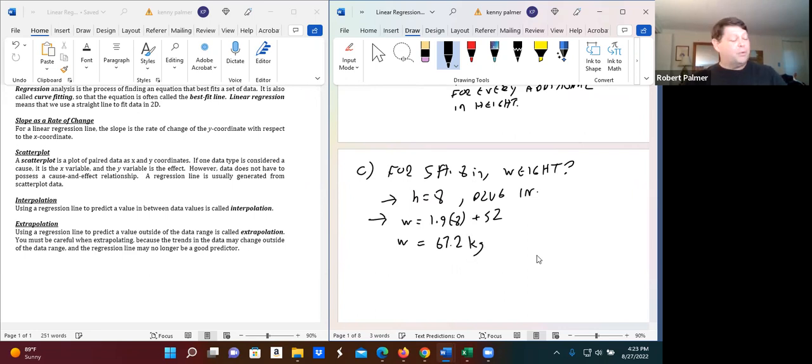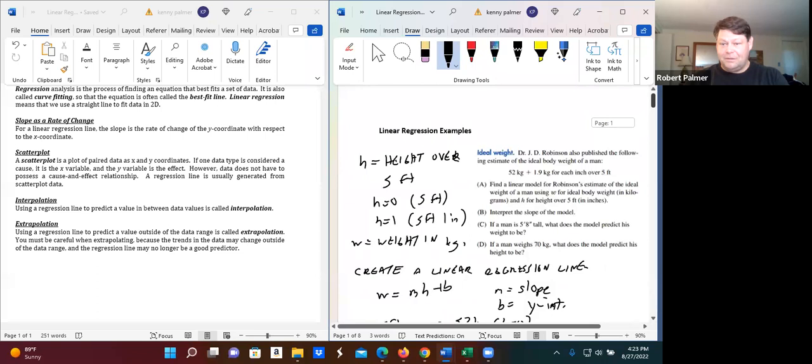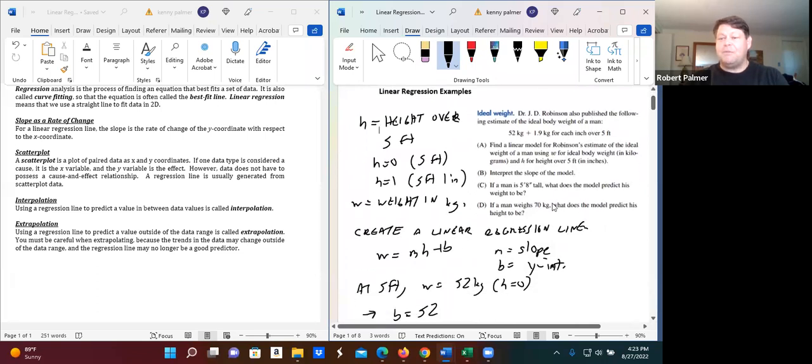So what this model predicts is that for someone who is 5 feet 8 inches, their ideal weight should be about 67.2 kilograms. Once again, that's probably not going to be exact or even the average. That's just what the model predicts. That may be a good estimate. And part D asks, if a man weighs 70 kilograms, what does the model predict his height should be?